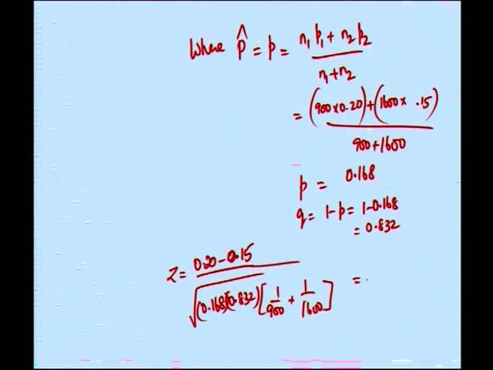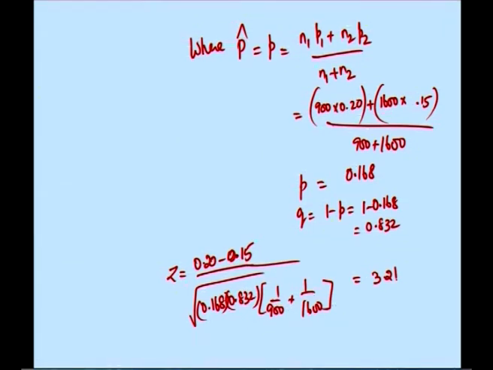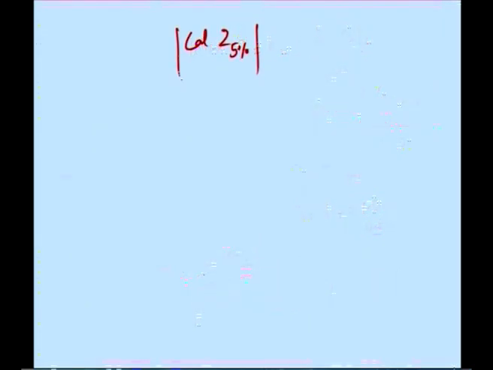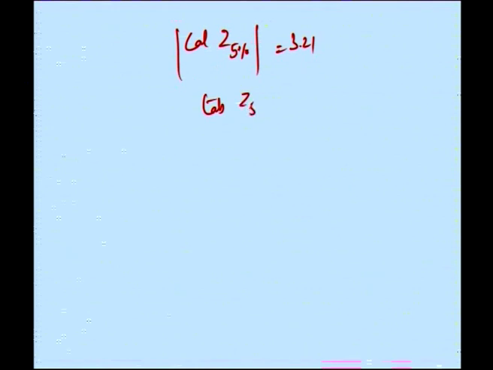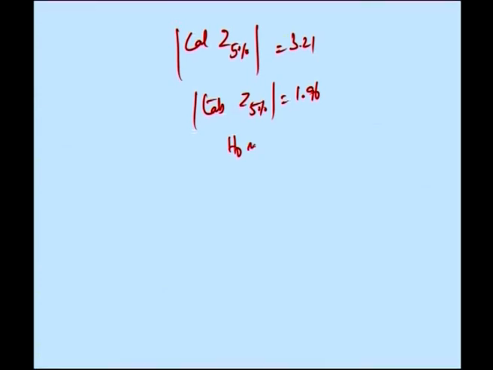After calculation, the value comes to be 3.21. So, calculated Z at 5 percent is 3.21 and tabulated Z at 5 percent is 1.96. Since the calculated value 3.21 is greater than 1.96, H naught is rejected.